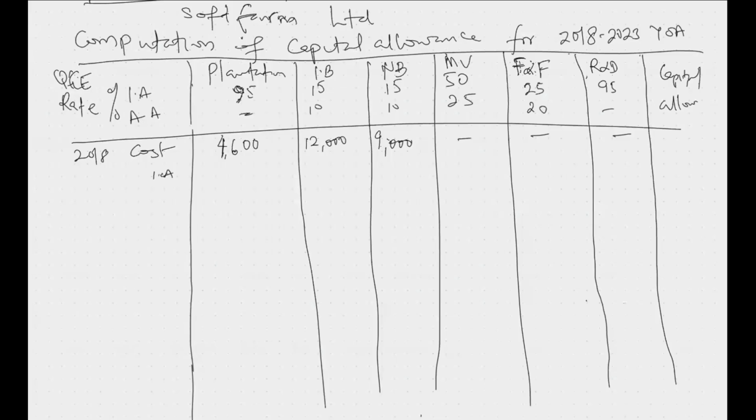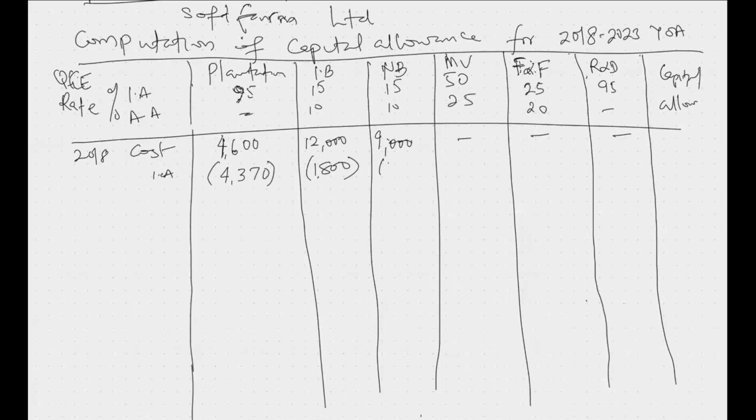Next. 18. 1800. 1350. Annual allowance. Calculate it.